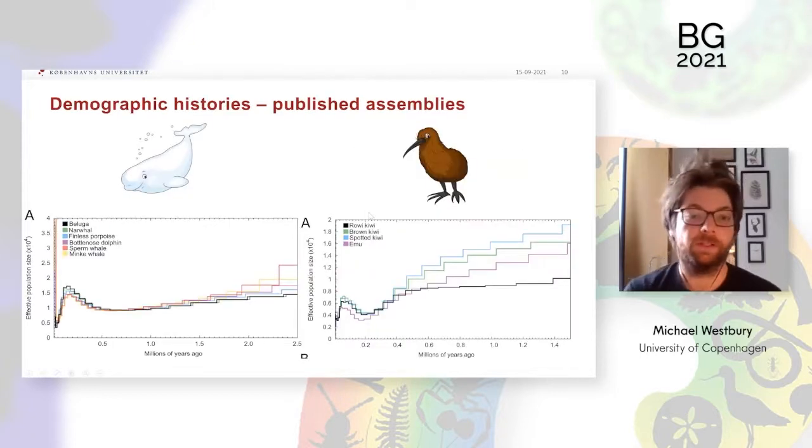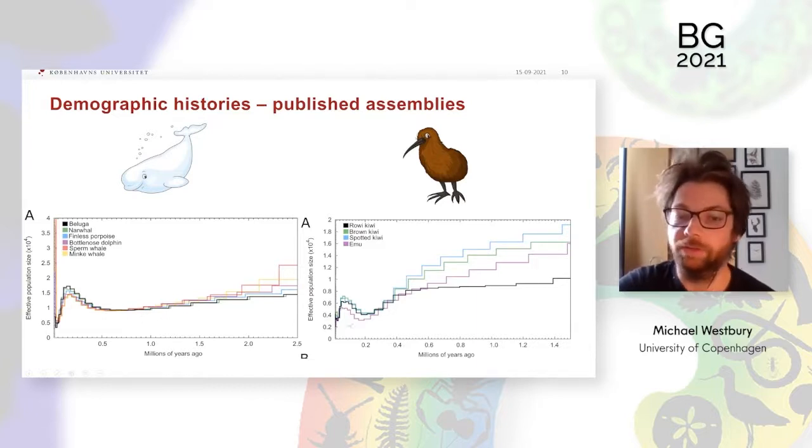So for the demographic inferences, you could see that the black is the species of interest, and the names here are listed in order of phylogenetic distance. And as you get more and more phylogenetic distance, you see a deviation from the expected pattern, but you still see the overall flow of the graph.